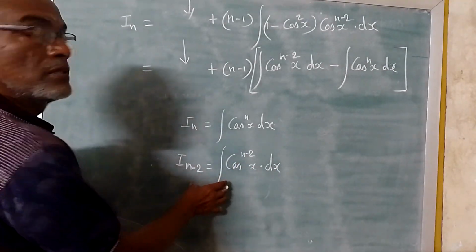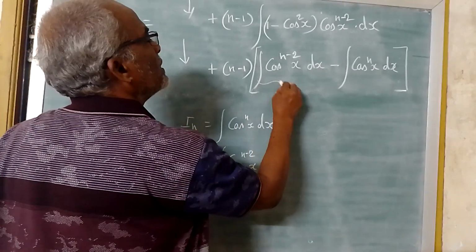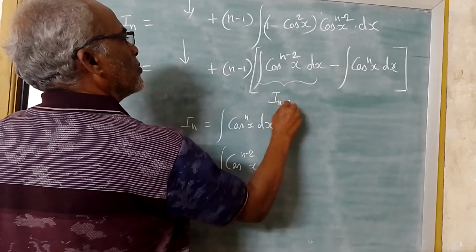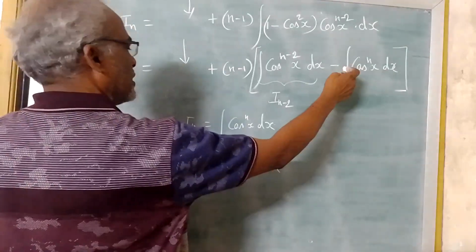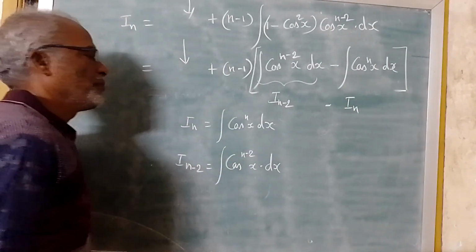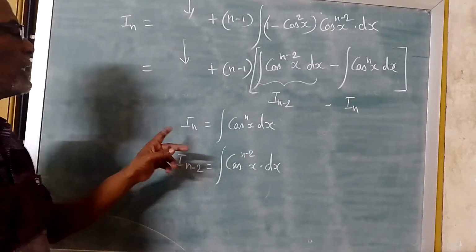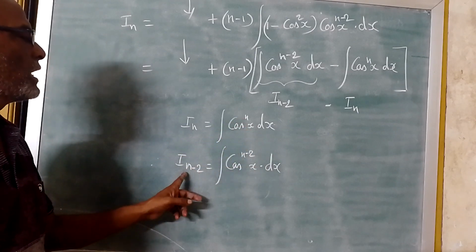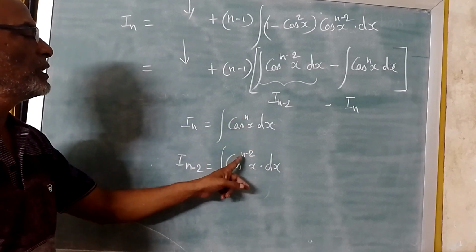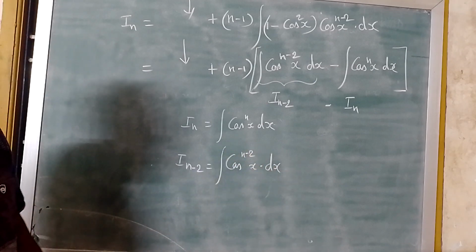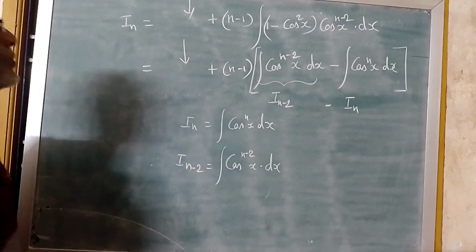So from this we can write this as I_(n-2) minus this integral cos^n x as I_n. Okay. Since we have declared I_n is equal to integral cos^n x dx, therefore I_(n-2), in the place of n we are replacing by n minus 2, x into dx, that's all. So this we have to remember.